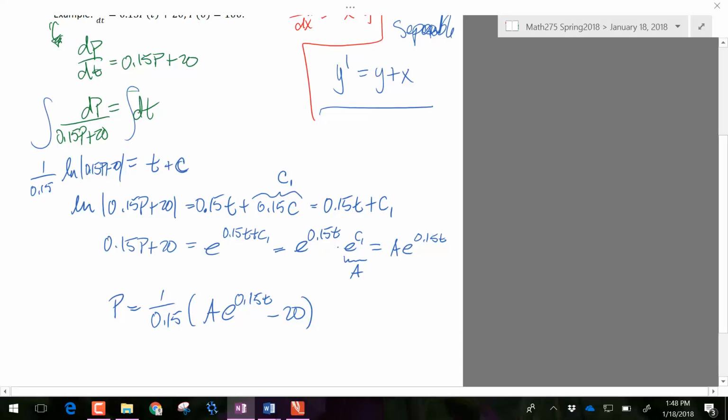And now P is by itself, and now I have an explicit solution. Okay? Not quite done yet. So this is a general solution. It has an arbitrary constant, so it's a family of solutions.